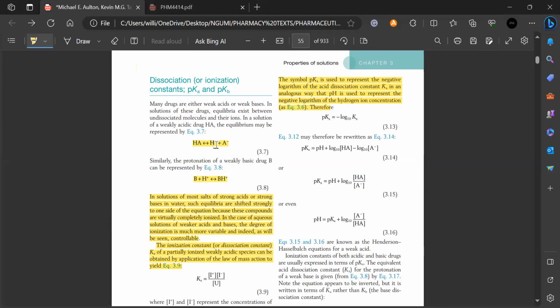So our acid can be split, a weak acid, HA, can dissociate to have both, because it's weak, hydrogen ions and the base ions as A minus. And for a weak basic drug, if you add hydrogen ions, then now you'll form the BH plus.